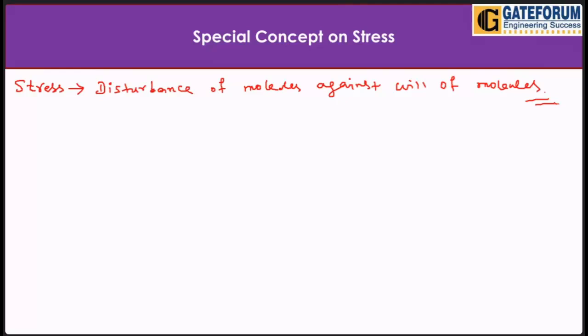Because what happens when stress is generated inside the body? Suppose here we have a human being. When stress is generated inside this human being, it is because somebody disturbs the human against their will. Suppose a very small child of class 1 or 2 is willing to play right now.